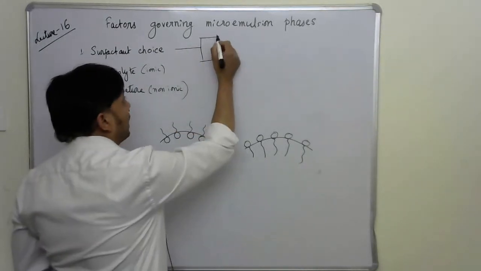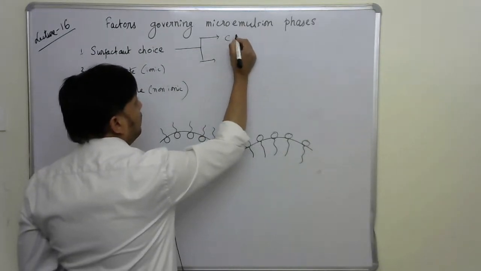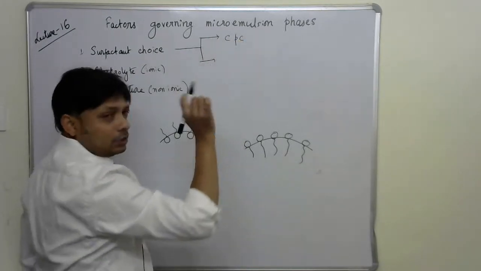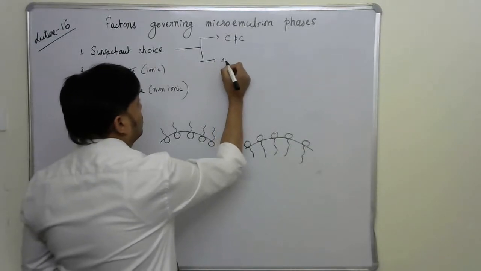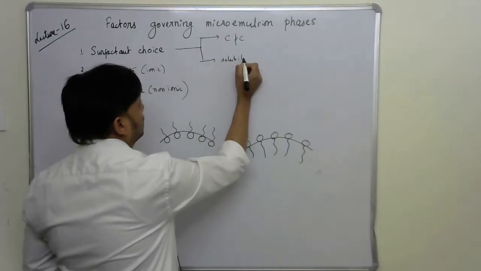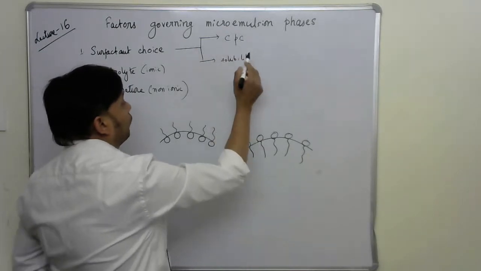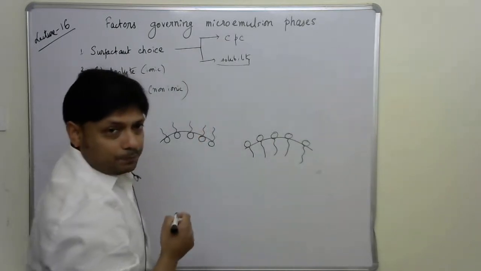Number one, depending on the surfactant, the critical packing parameter would change. This is related to the geometrical structure of the surfactant. The second factor is the solubility of the surfactant. Today we are going to discuss briefly the two factors. So we start with the solubility factor.